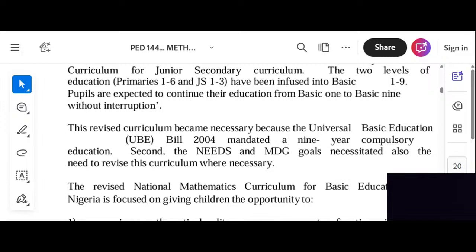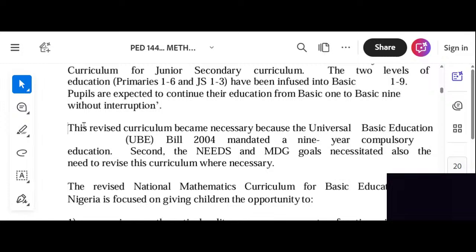I'm not even sure if they requested for it before I entered my senior school, because I did my junior school in a private school, then I did my senior school in a federal government school. So even when I was about to get admission into FGC, I'm not sure they requested for the junior WAEC. So sometimes we get confused about what is the need for the junior WAEC? It's just as if somebody is still in primary school. That JSS class is just like a continuation of primary school.